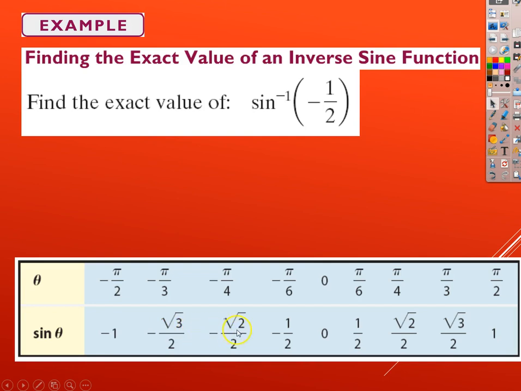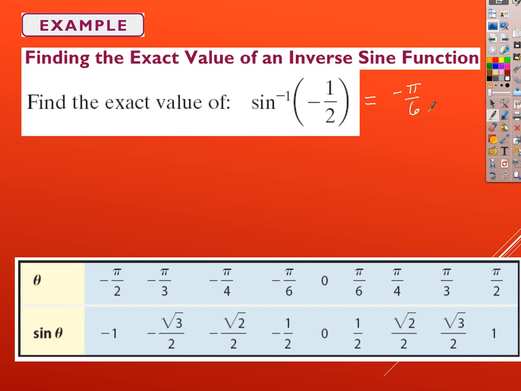Let's see. Oh, wait, there it was, right here. Sine is negative 1/2 at negative pi over 6. So sine inverse of negative 1/2 equals negative pi over 6.